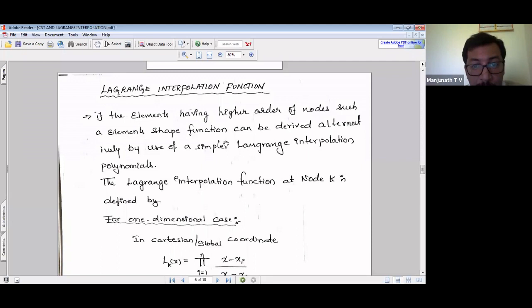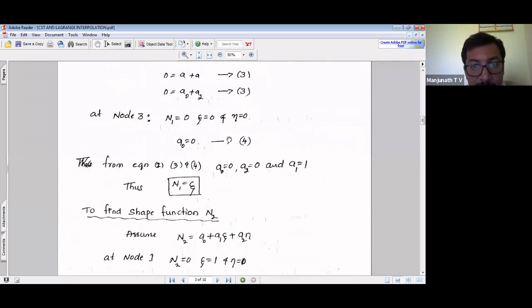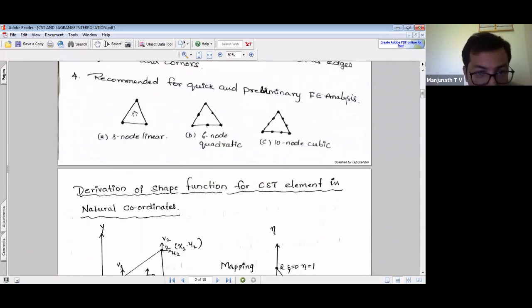If it has more intermediate nodes like this, see for example, this element has only corner nodes. If it has more intermediate nodes like this, we call it a higher order element. These two elements come under the category of higher order elements.